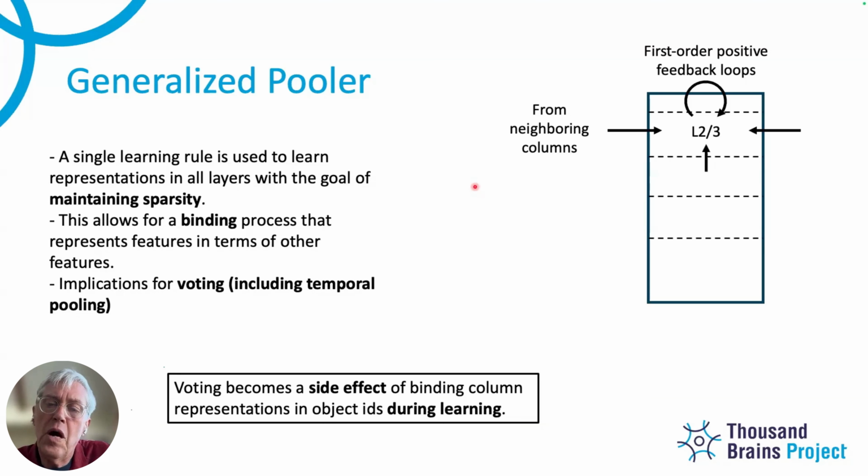But I think we have enough information to suggest that each layer could have its own meaning for mini columns, and yet somehow they're tied together. I don't understand how that works. It's a mystery to me.